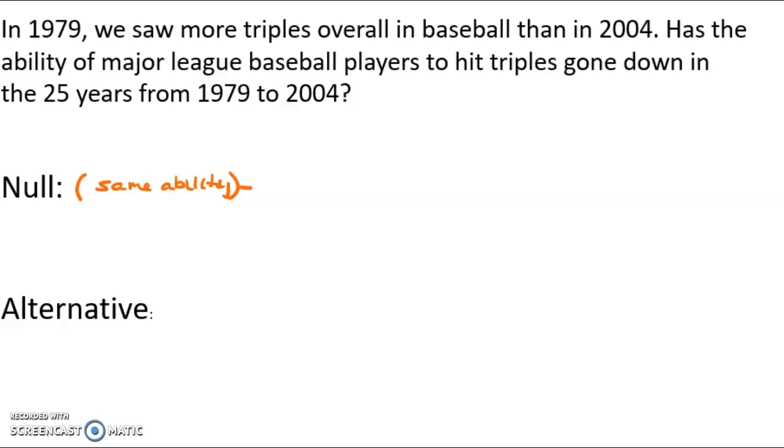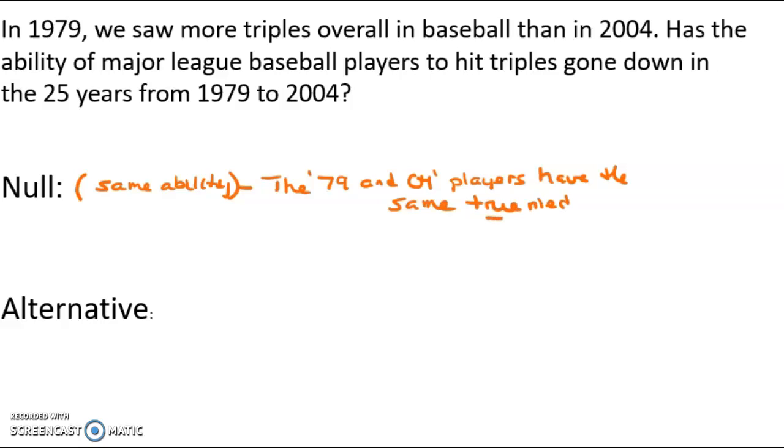So in our case, that means the 79 and 04 players will have the same true median. So there will be no change between these two groups.